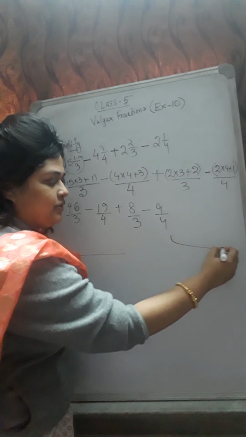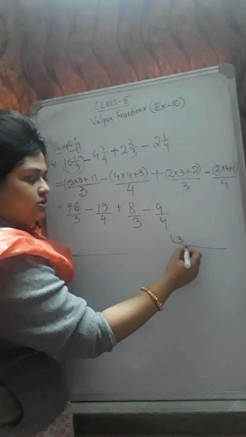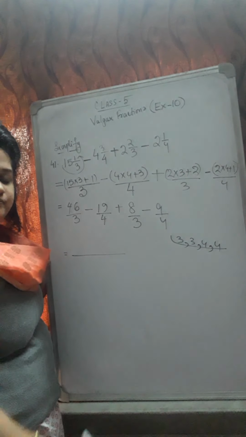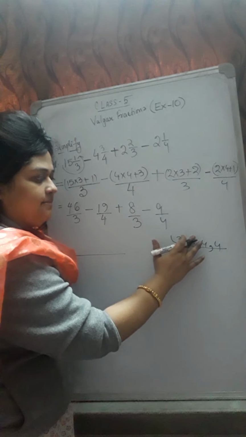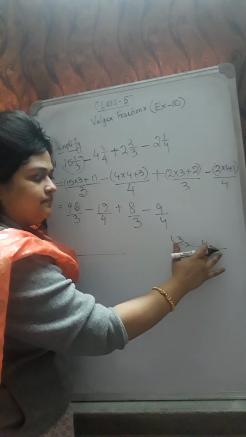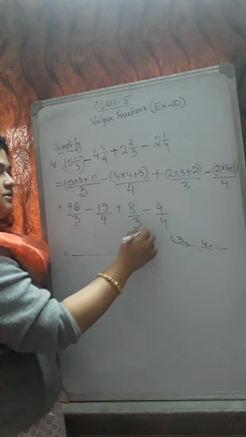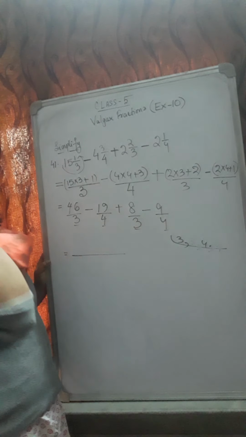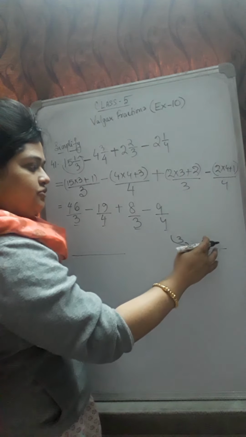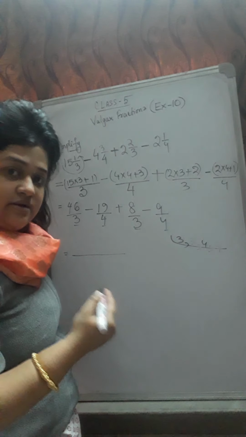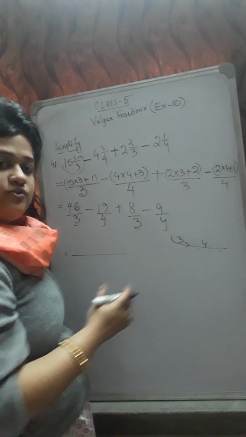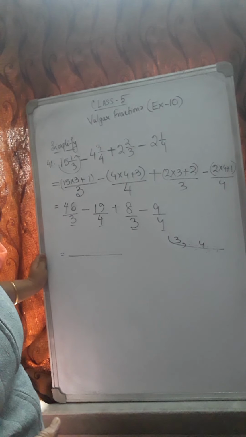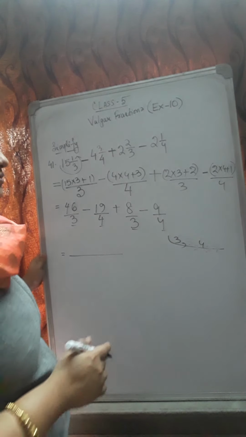So will you do the LCM by taking all the numbers? No, not needed. Taking only one of them will do. Similarly, 4 we have taken once, 3 we have taken once, because numbers are repeated. If all the denominators were different, you had to take all of them into consideration while doing the LCM.